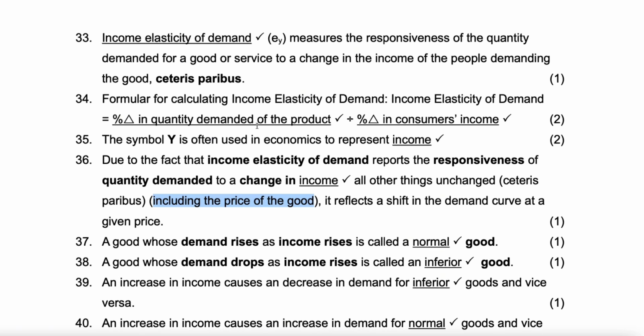But no, the good is actually normal. You were going to consume more of it if the price did not change. So that's why the phrase ceteris paribus is important. So we keep the price constant and say, if you couldn't afford this and now your income goes up, what would happen? Now you would consume it. See? But then we must keep the price of the good constant, ceteris paribus.